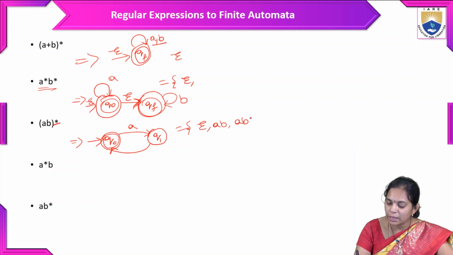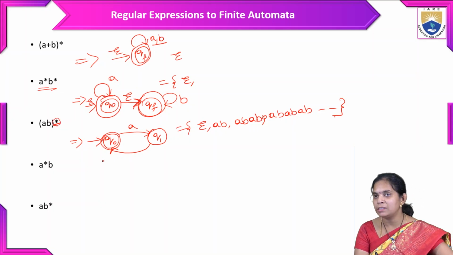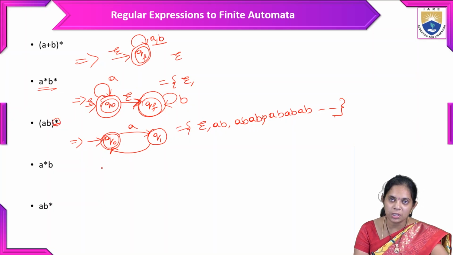AB, and so on. Whenever the star is there, the initial state is a final state. So for this one I am writing A, and one more state we are taking, and for the input symbol B, it is reaching the final state. So this is about (AB) whole star.